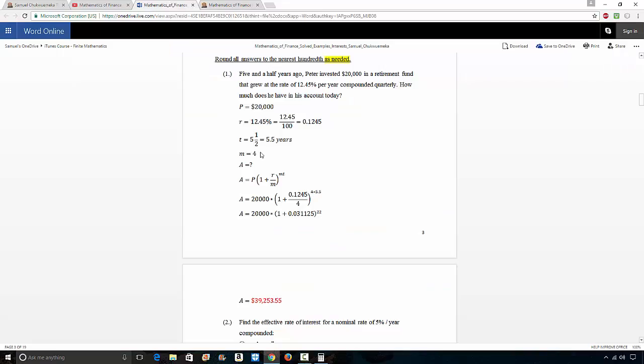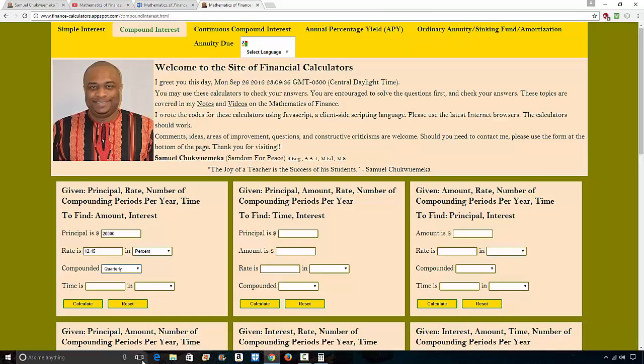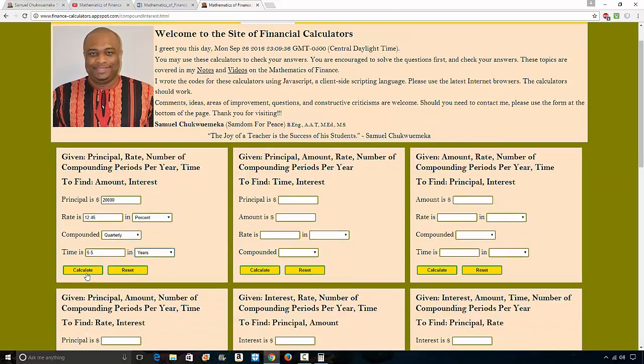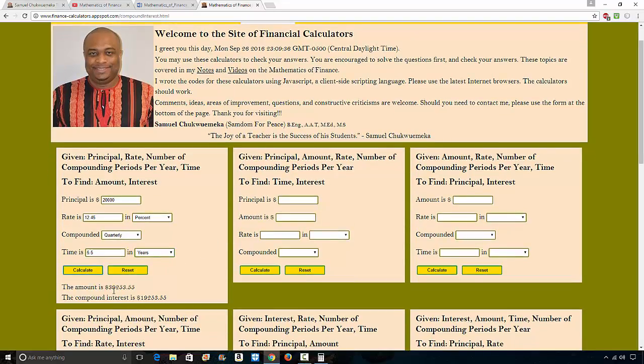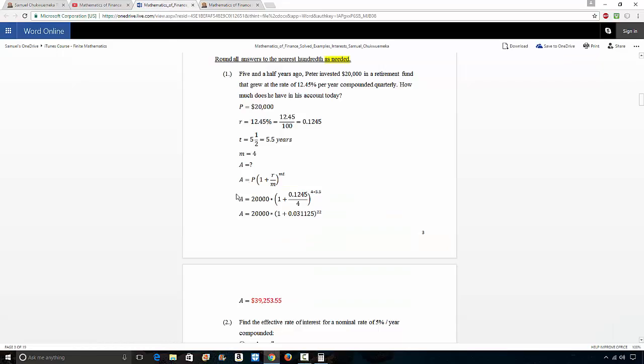And the time is 5.5 years. So 5.5 years. If you pick years, and you just click calculate, that gives you $39,253.55 as the amount.